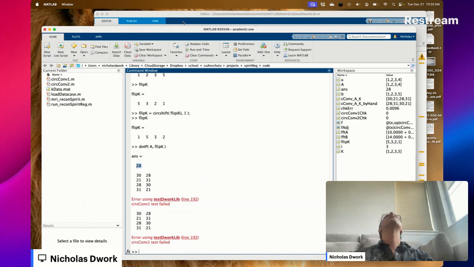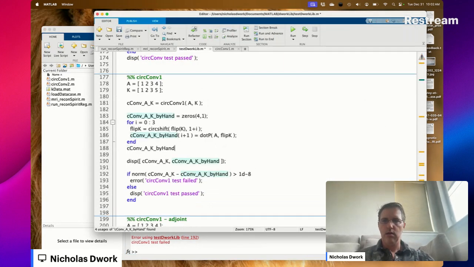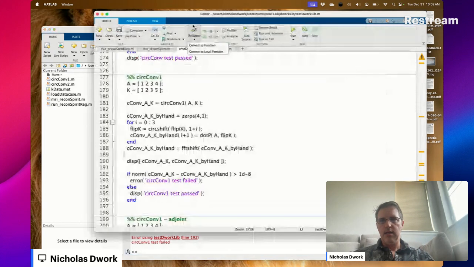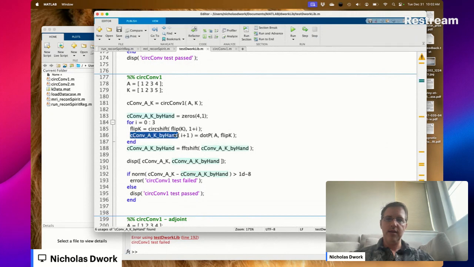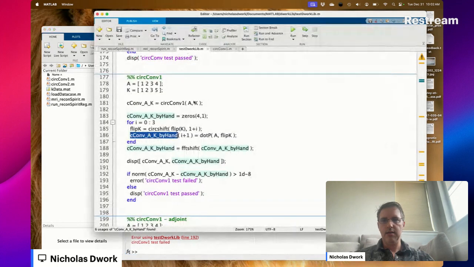I'm storing the values, insert conv AK by hand and with the origin at the first element.